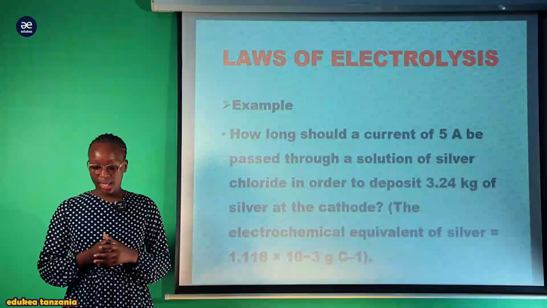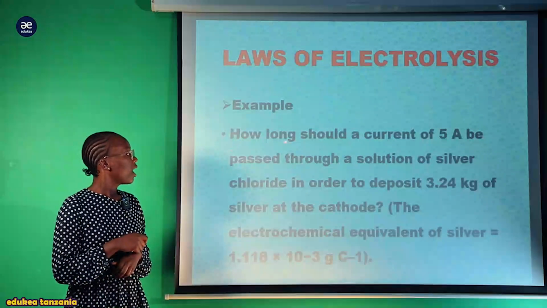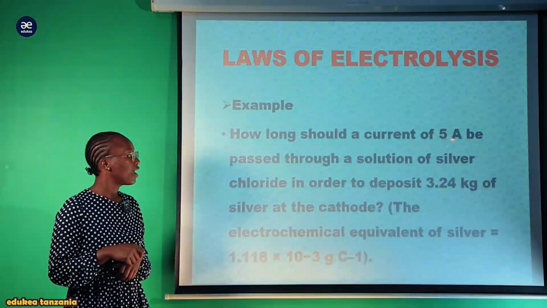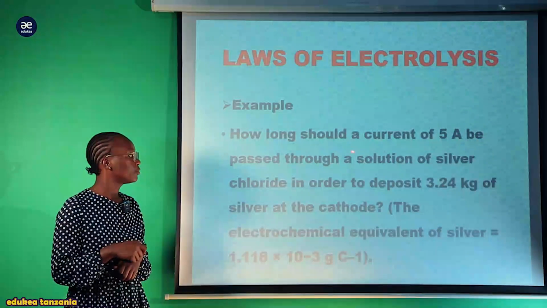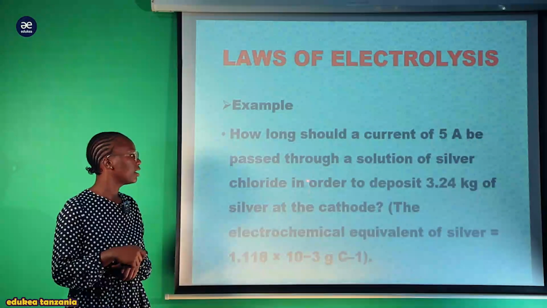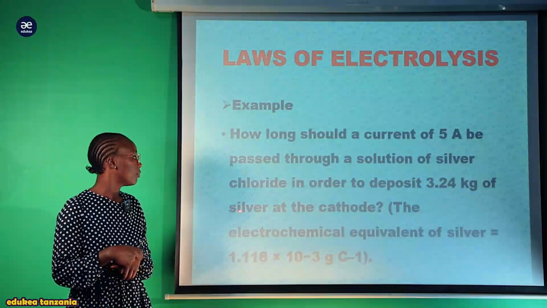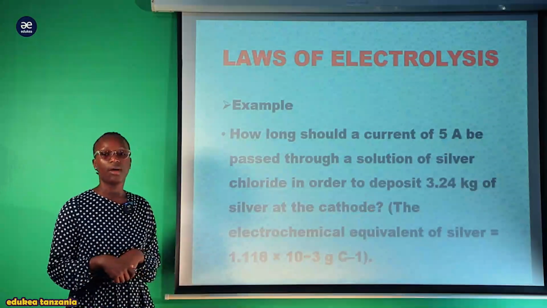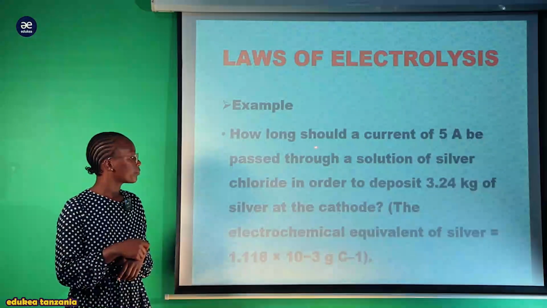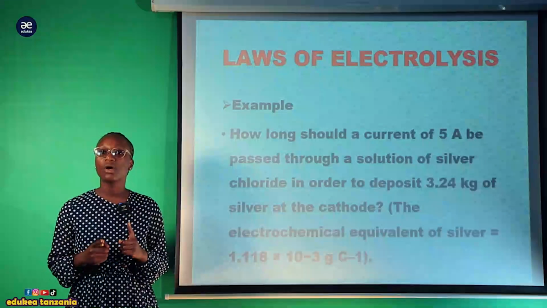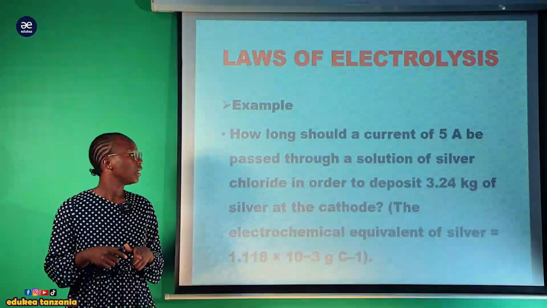Now let us see the example. How long should a current of 5 ampere be passed through a solution of silver chloride in order to deposit 3.24 kg of silver at the cathode? Kwamba ni muda gani. Here we're going to find the time. How long?